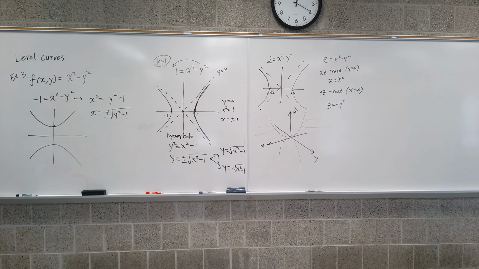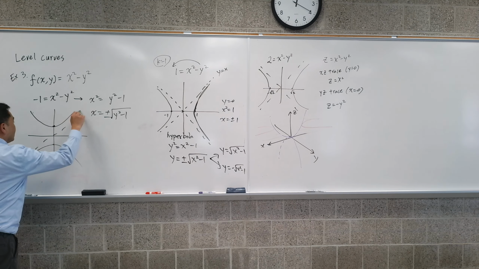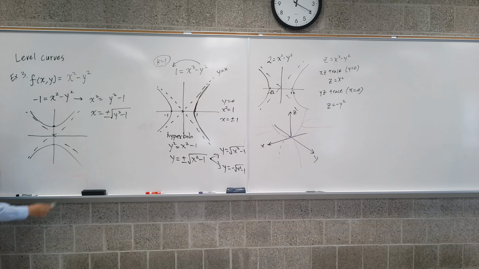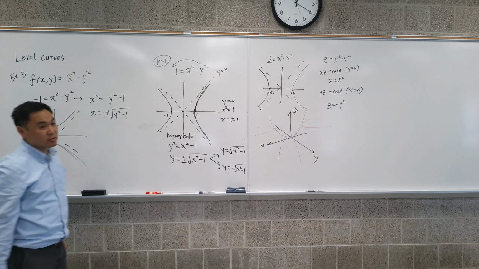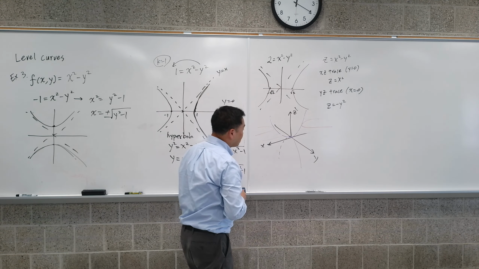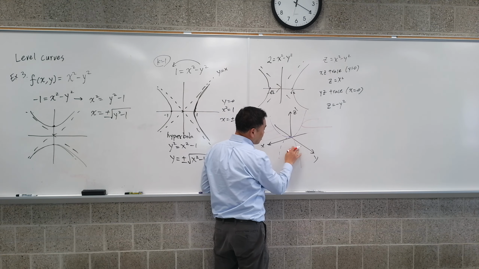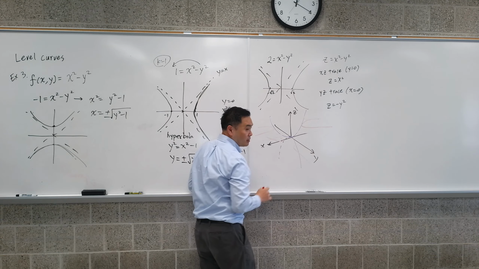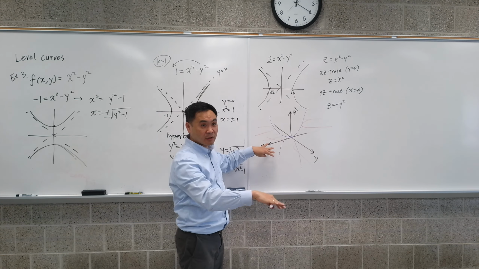And it still has the asymptotes. It gets closer and closer. Which means in this picture for the level curves, as you go under, the level curves look like that.